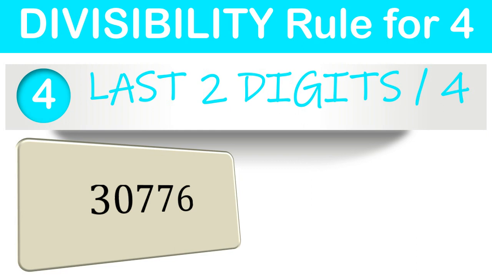A number is divisible by 4 if the number formed by the last two digits is divisible by 4.